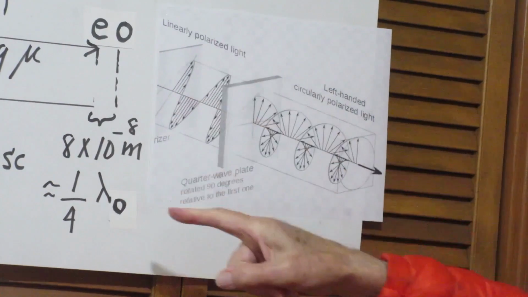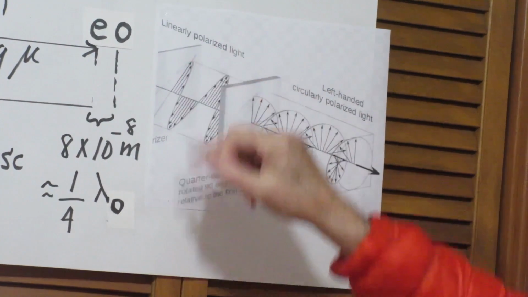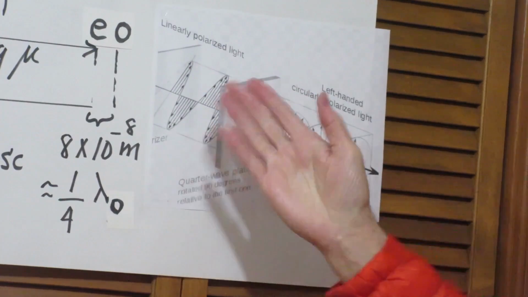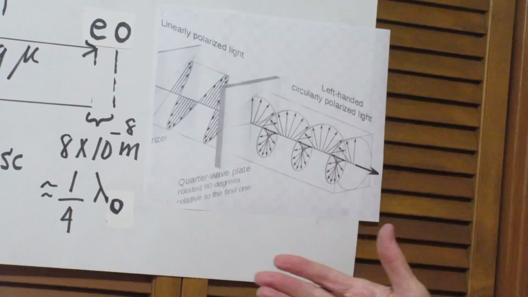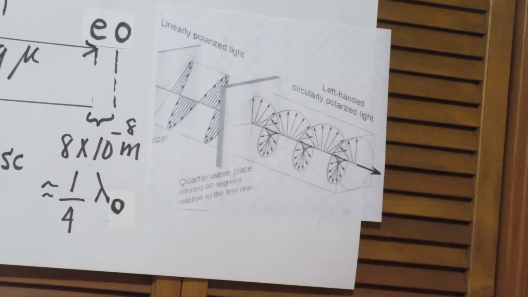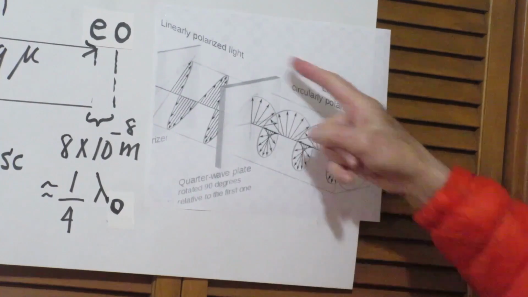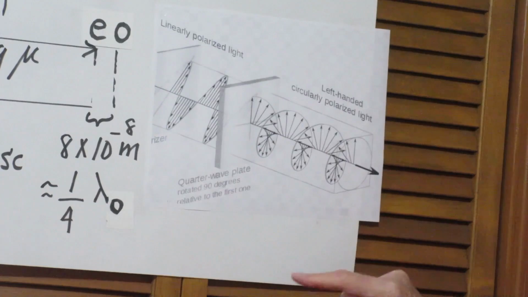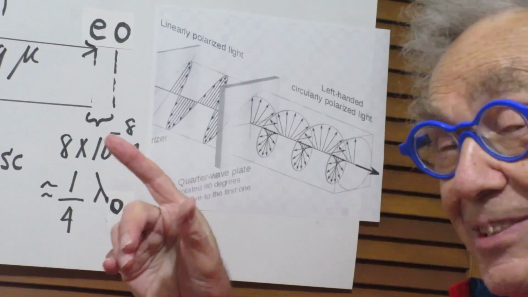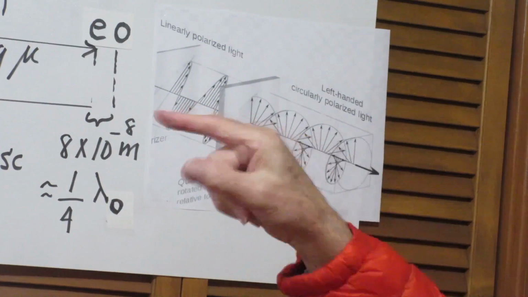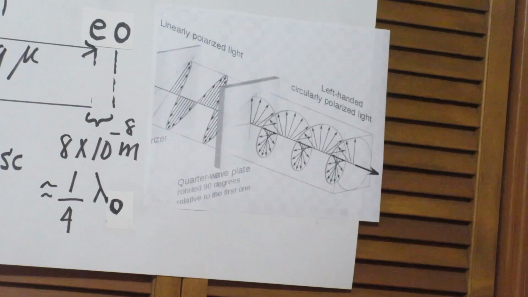There is a linear polarizer on the left which creates linearly polarized light. It's tilted at an angle of 45 degrees, and so it's linearly polarized like this. Then it hits the quarter wave plate, maybe you can read that, which in our case, for quartz, has just the right thickness, 13.9 microns.